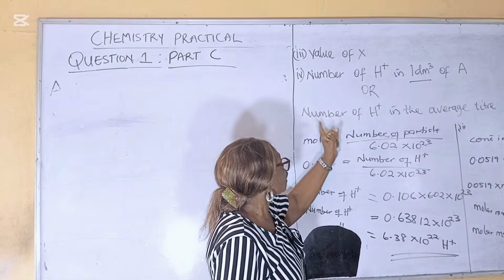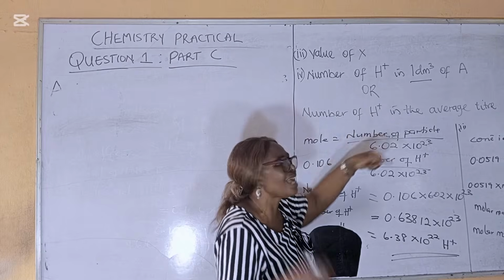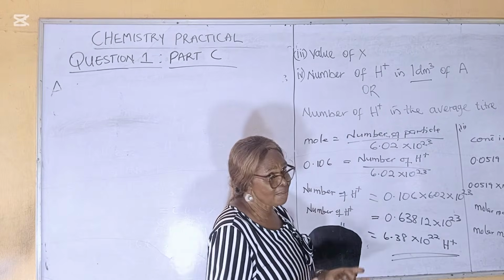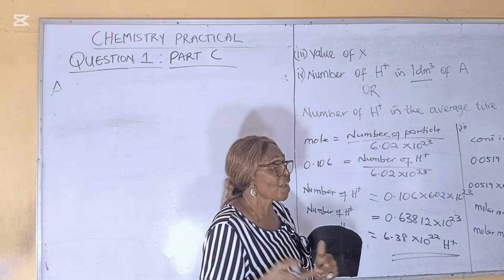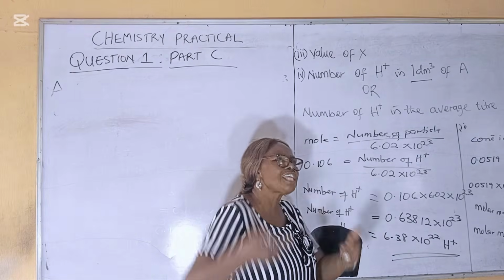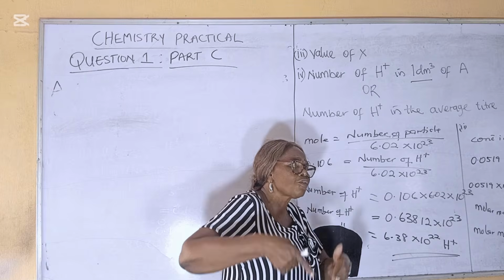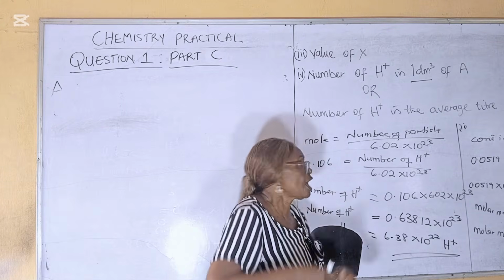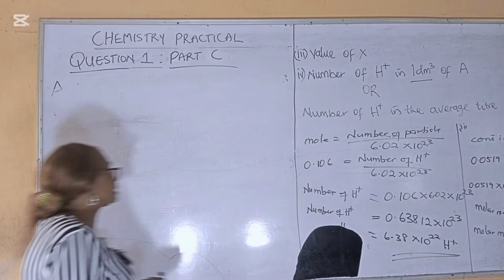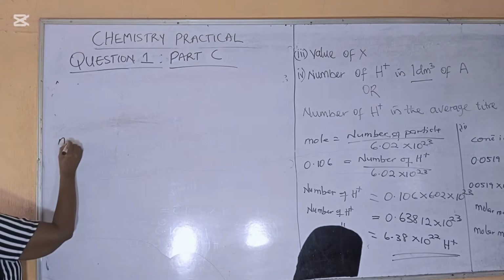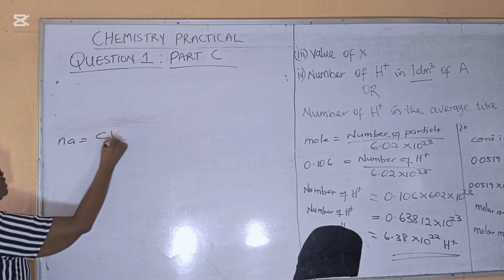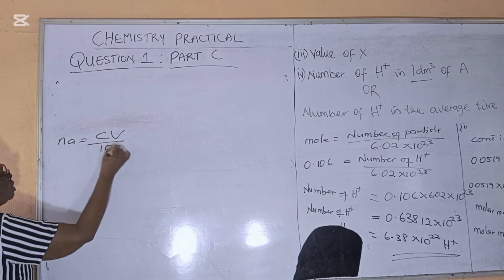Number of hydrogen ion in the average titer. Remember, you have to ionize the acid, but before you ionize the acid, you have to find the amount of A in the average titer. So what do we do? We now say Na is equal to CV over 1000.